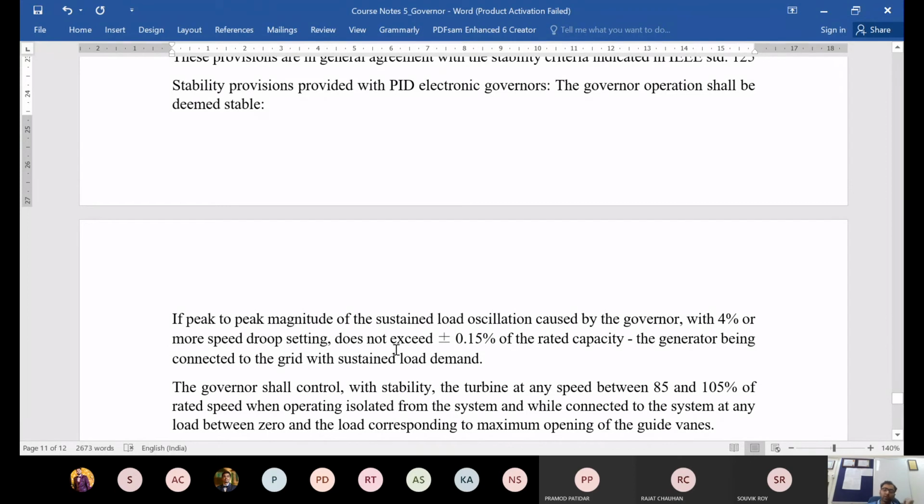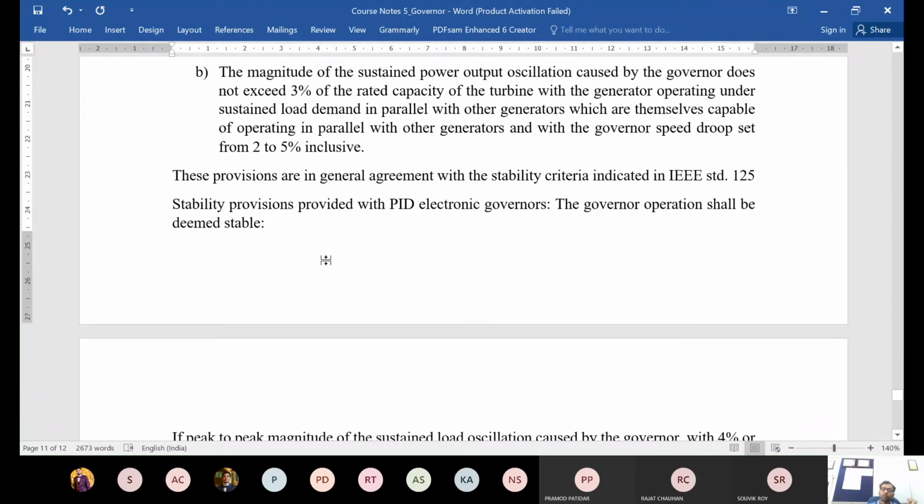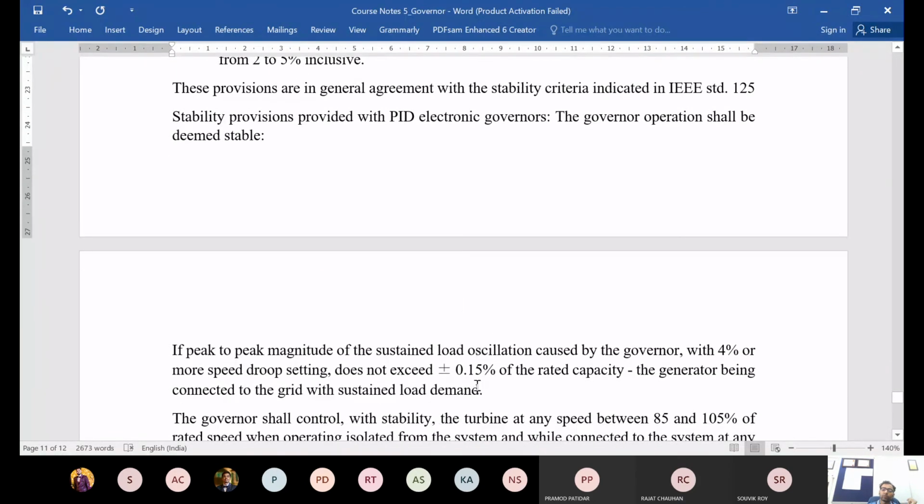That is an advantage of the electronic governors, that they have a very strict range of operation as compared to mechanical governors. For a mechanical governor with grid connection, it was a 3% range, whereas here it is only plus minus 0.15%. So a very stringent characteristic.